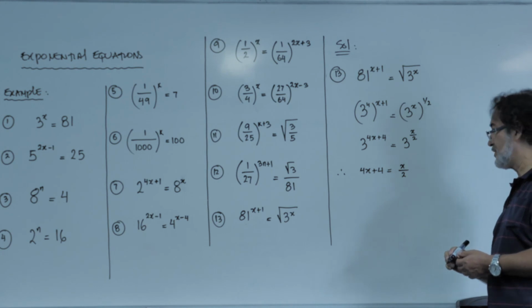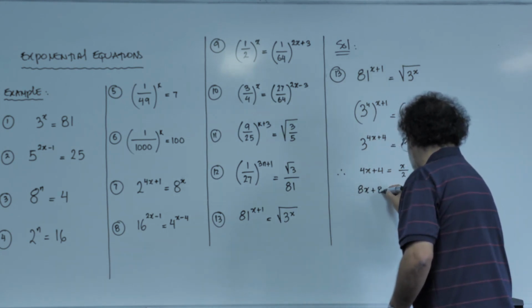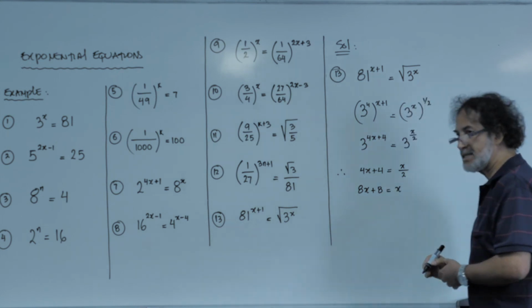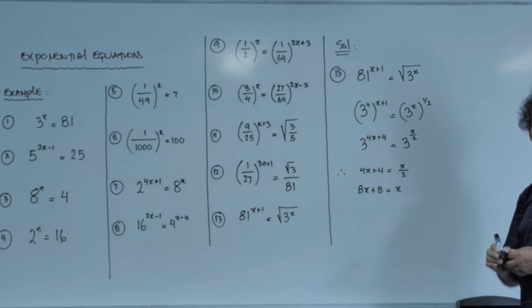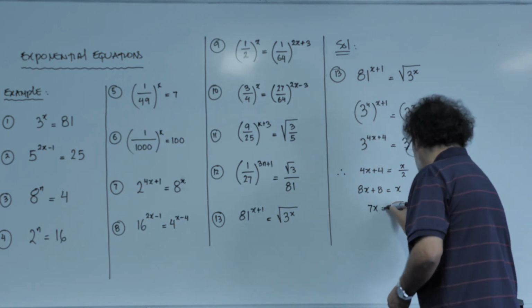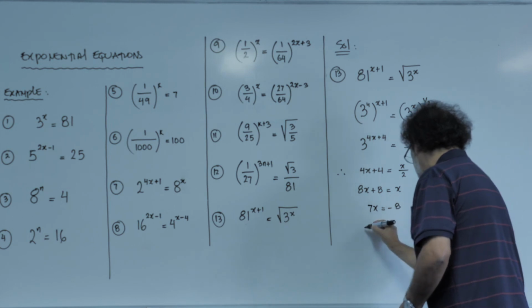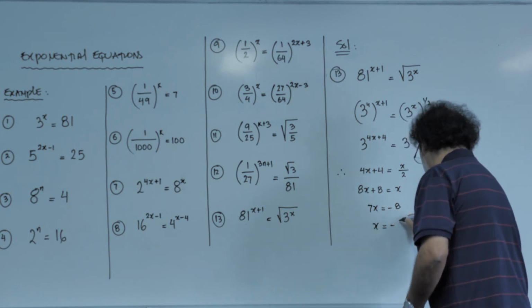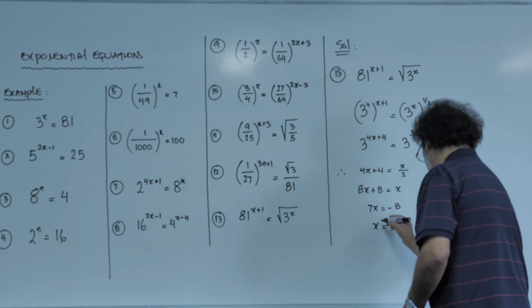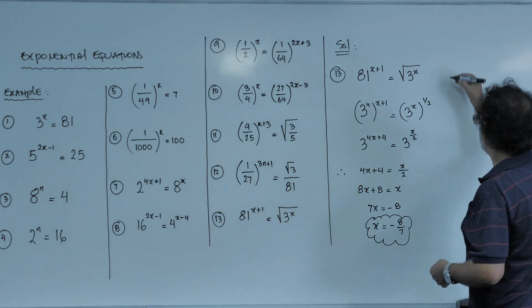So we multiply by 2. So we're going to have 8x plus 8 is equal to x. Right? Okay, and then we're going to have 7x is equal to negative 8. So then x is equal to negative 8 on 7. That's it. Right.